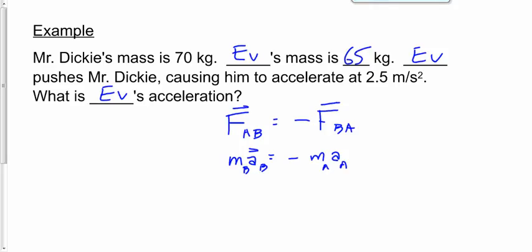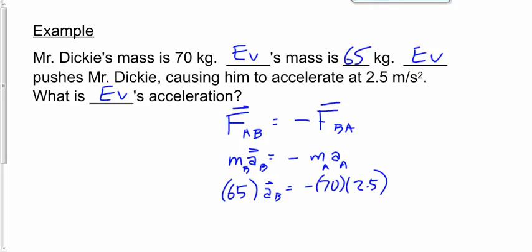The mass of object B times the acceleration of object B is equal to negative, because it's equal and opposite, mass of object A times acceleration of object A. 65 kilograms for Everett. His acceleration is whatever. My mass is 70 kilograms. My acceleration is 2.5. Let's calculate this now.